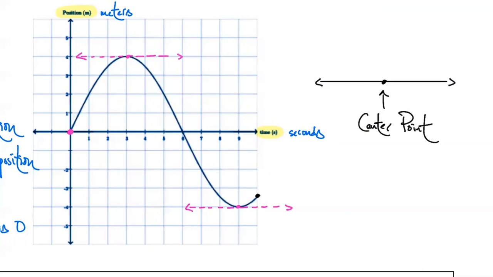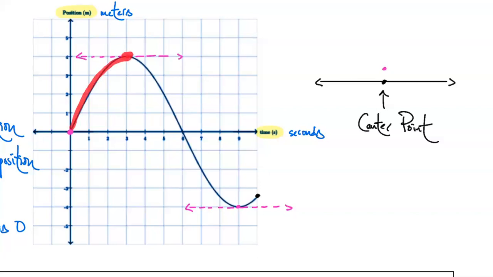So at the beginning, when we start measuring, that particle is right here, right at the center, okay? And then it goes to the right.